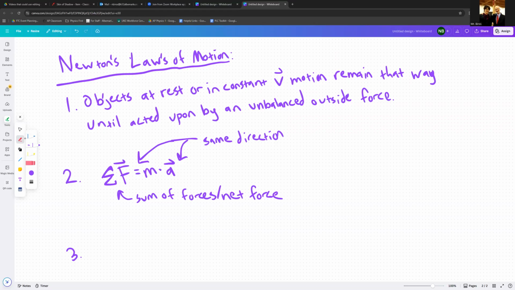Yeah, so there's lots of cool ways to connect the way things actually work to Newton's second law of motion, with different masses experiencing different amounts of acceleration depending on how much net force acts on those masses.